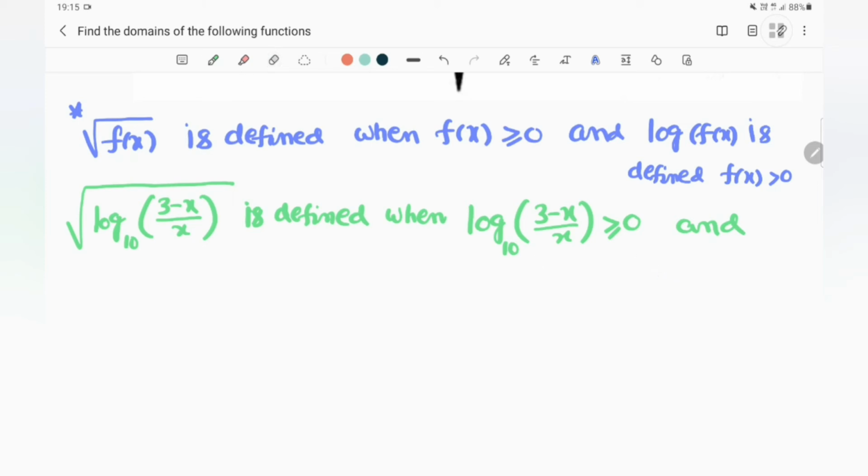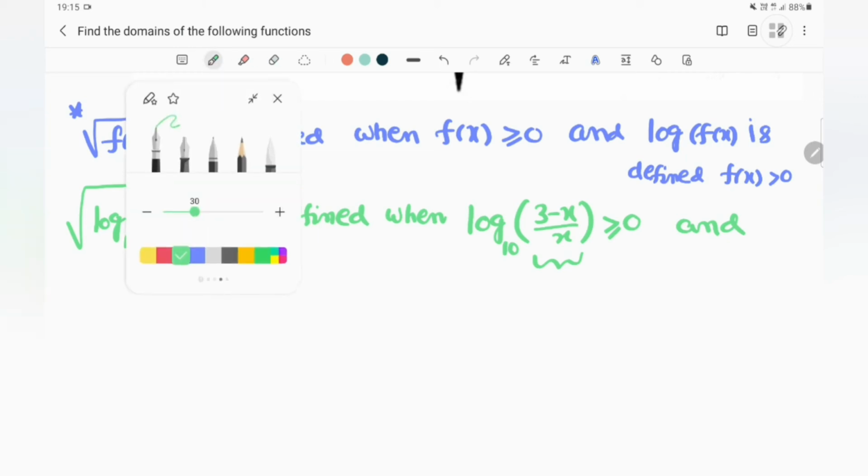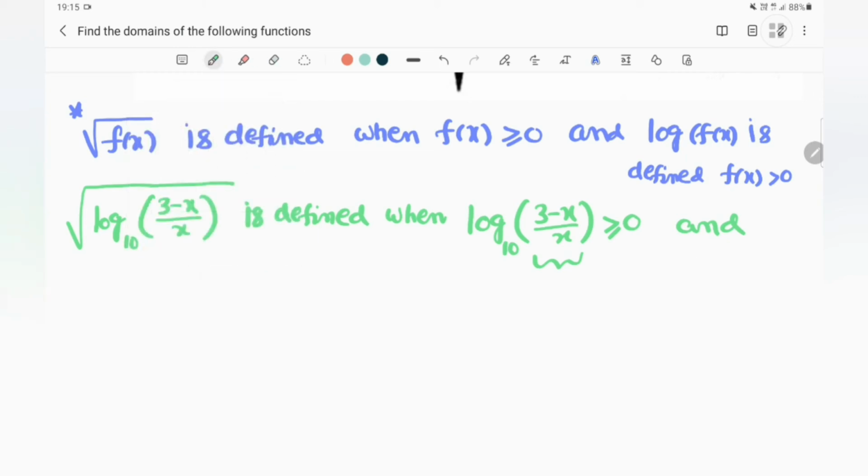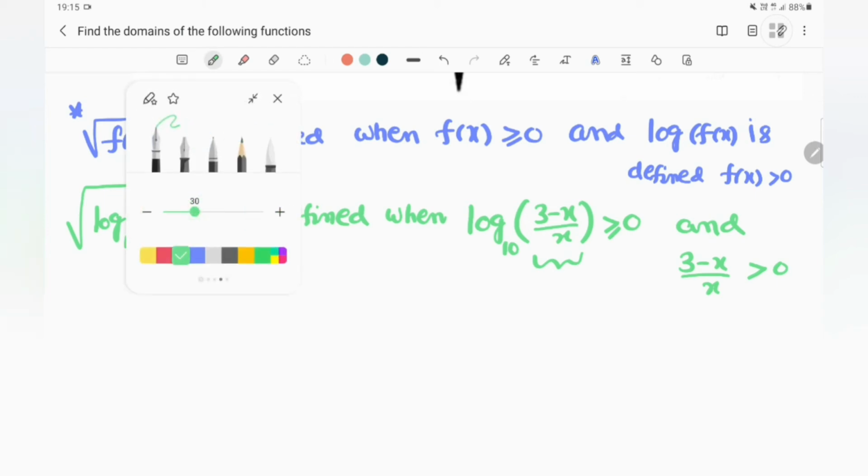This is f of x only, no? This is only f of x. So, and 3 minus x by x is greater than 0. Both the conditions simultaneously we will apply now.